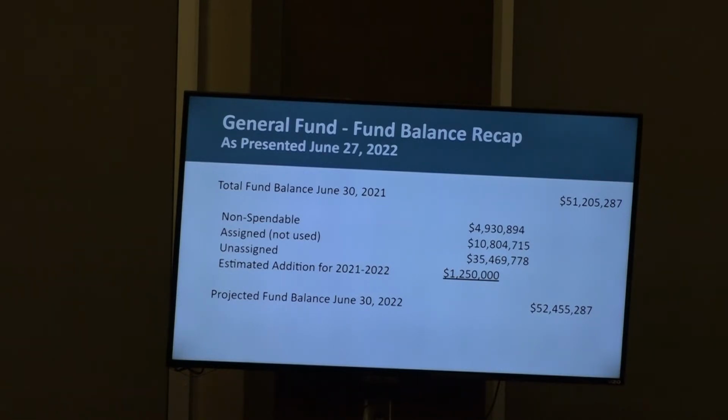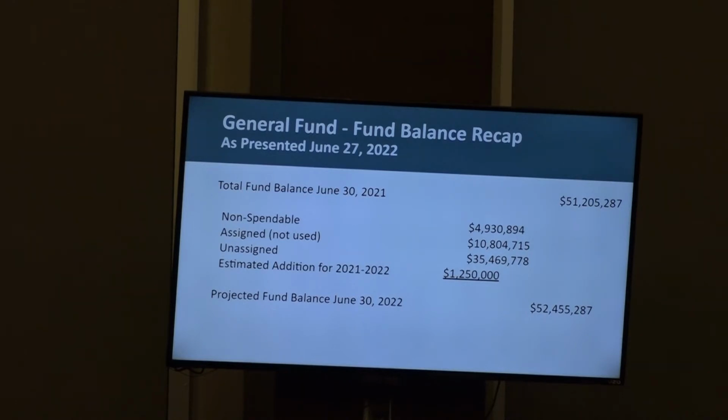Of that $51 million, roughly $5 million was non-spendable, which usually ends up being inventory and prepaid, so non-cash items. Y'all made an assignment of $10.8 million, and I'll go into the details on the next slide, leaving an unassigned fund balance of roughly $35.5 million, which was within the policy of 15 to 18%.